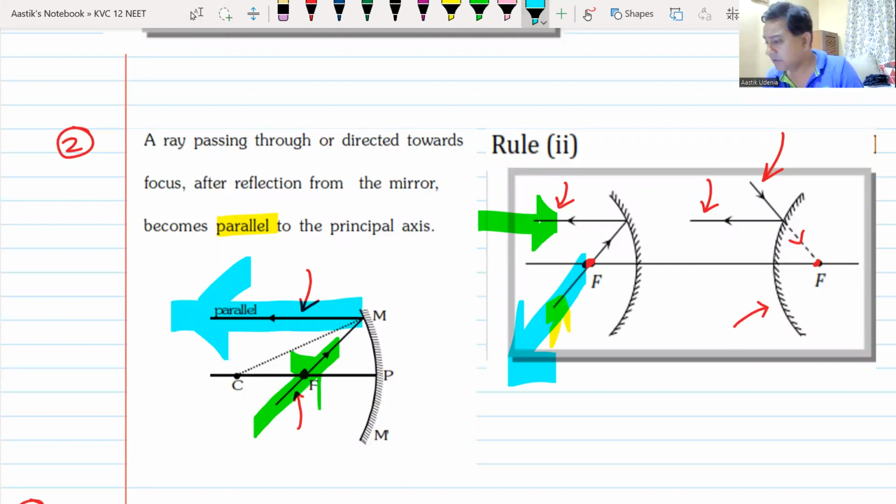It is simple. It is the opposite of rule number 1. In rule number 1, which I have drawn on the right hand side, the green ray, the incident ray, is parallel to the principal axis. After reflection, it passes through the focus.